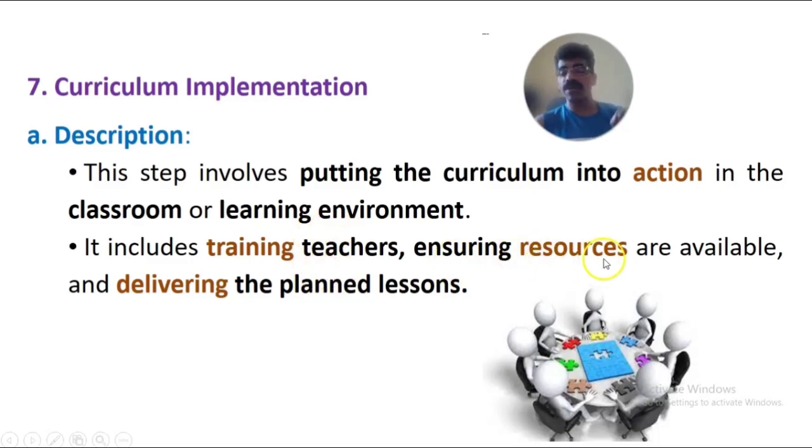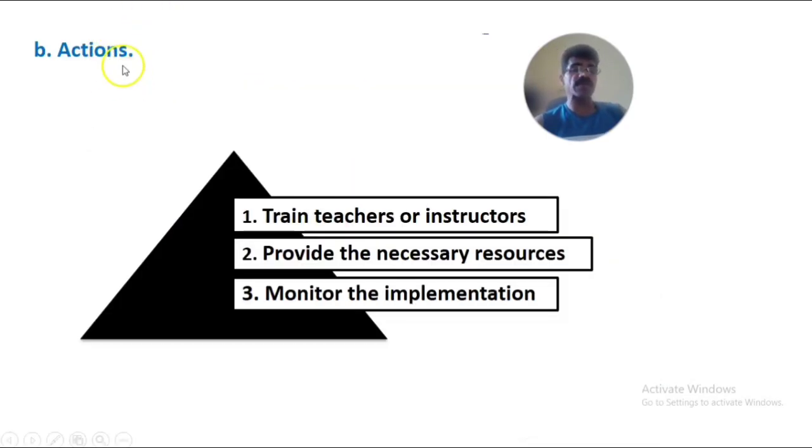Then ensuring the available resources, the classrooms, labs, libraries, skill lab, etc. And delivering the planned lessons as per the master rotation plan with the lesson plan and clinical rotation plan to complete the clinical requirements of the students. The actions or sub-steps include: train teachers or instructors according to the different methods of teaching to complete the theory and practicals.